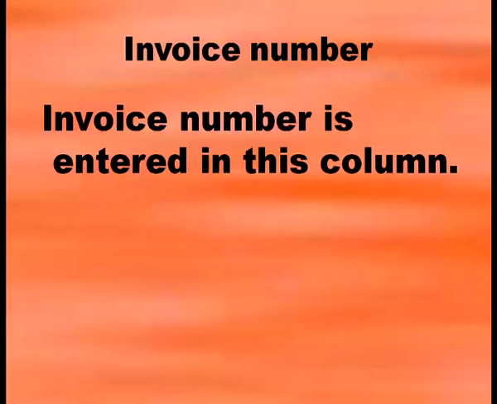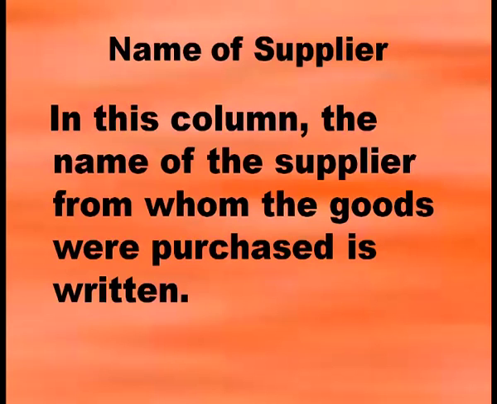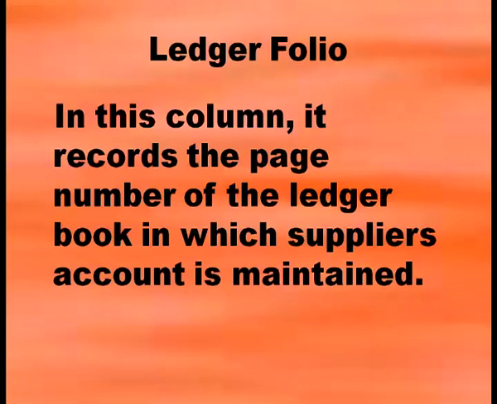Then coming to invoice number, in the second column of the purchases book, you have to write the invoice number. Third column, name of the supplier. The name of the supplier from whom the goods were purchased is written in this column. Then comes the ledger folio column. Here, the page number of the ledger book in which the supplier's account is maintained is written.